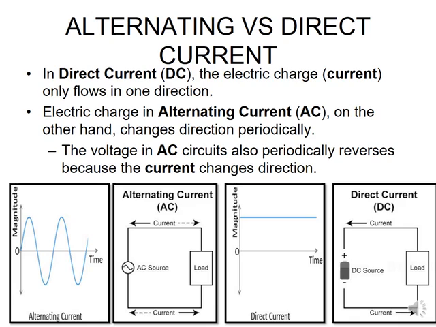And the voltage in your AC circuits is also periodic, and it reverses because your current is changing direction. So when you see your circuit diagram here, there is your AC source, and you can see that the current can go either way. It can go away from the source or towards the source onto your load side.